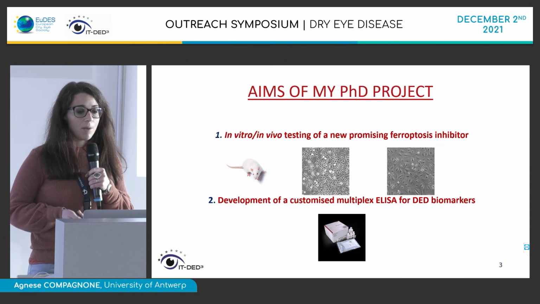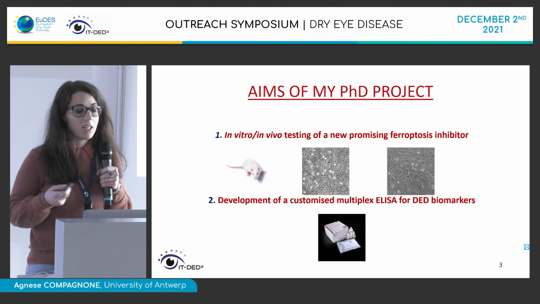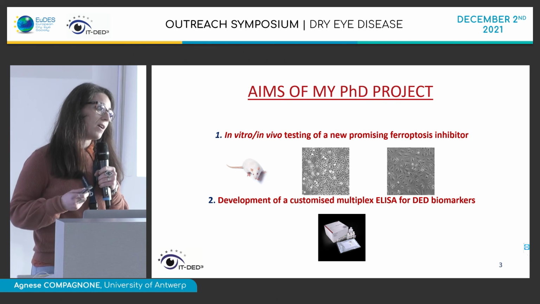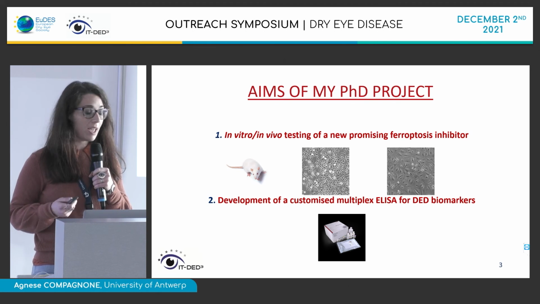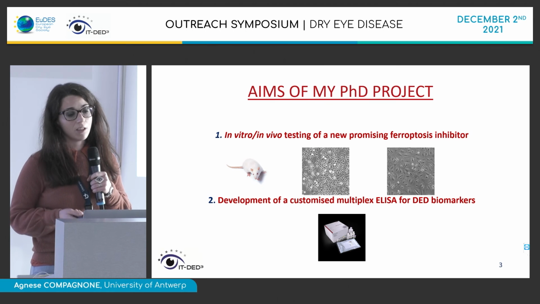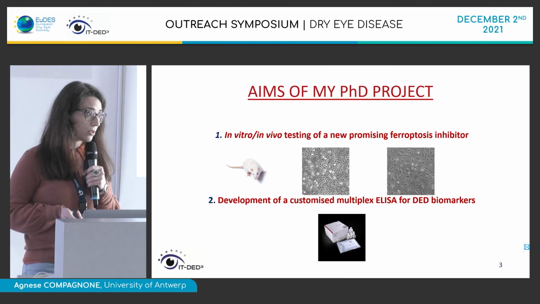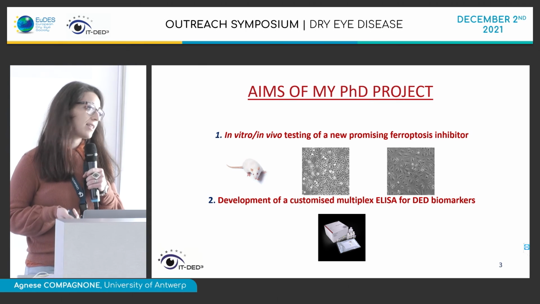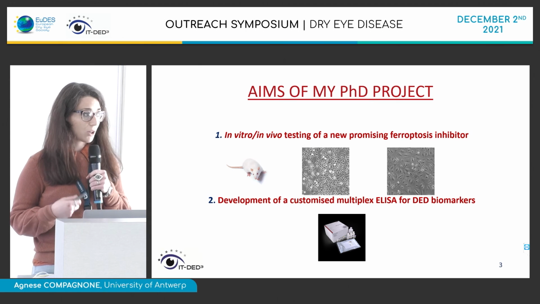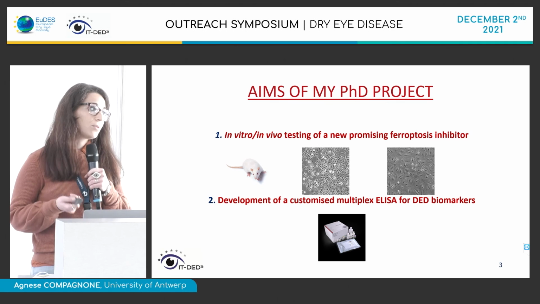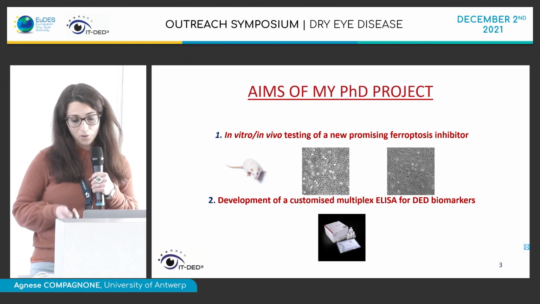Now, talking about my project, it's at the moment divided into two main aims. One is the in vivo testing of a new promising ferroptosis inhibitor, and the second part is the development of a customized multiplex ELISA in order to detect dry eye disease biomarkers.